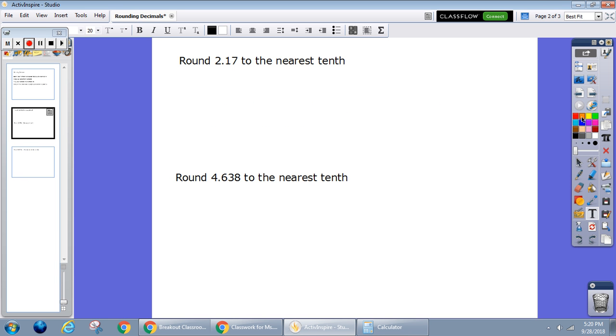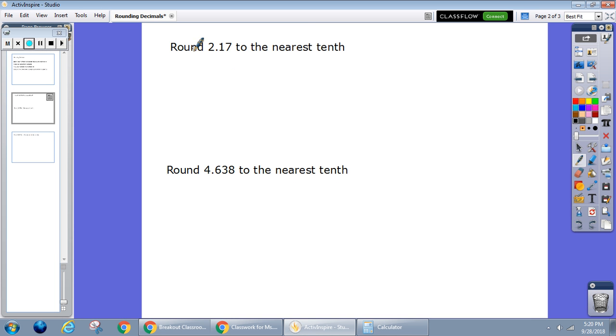So let's look at this in action and practice a little bit. I'm going to use a different color just so it's a little bit easier to see. So round 2 and 17/100ths to the nearest tenth. So the tenth thing, that's what's important here because we need to know what we're rounding to.